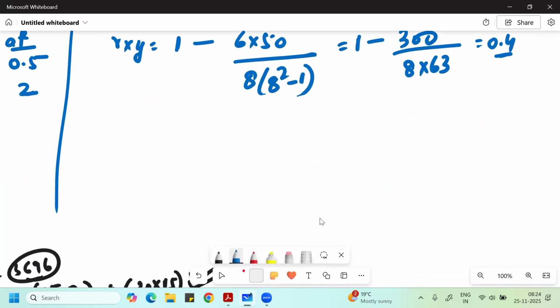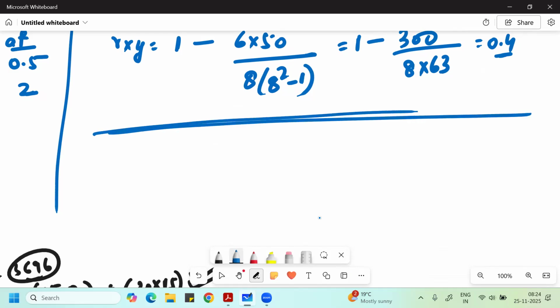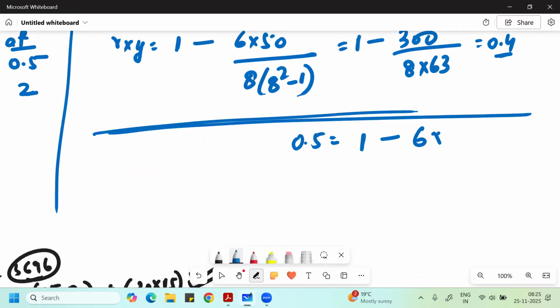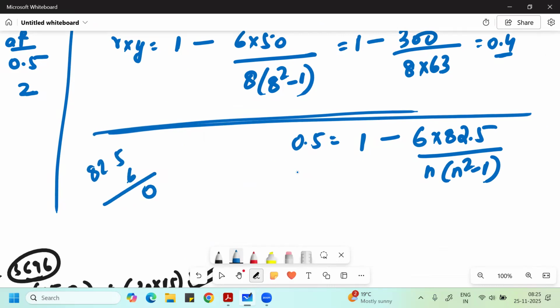So if I'm giving you here, the r value is 0.5. 1 minus 6 into sum of d square, sum of d square is 82.5, divided by n into n square minus 1. Here, 82.5 into 6 is 495.